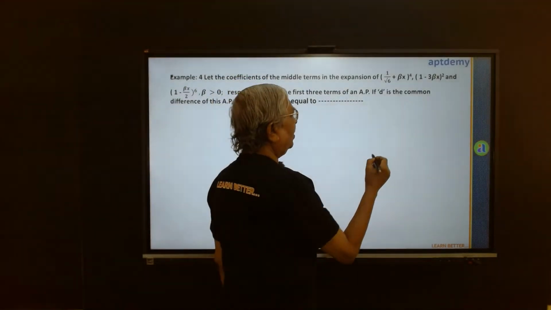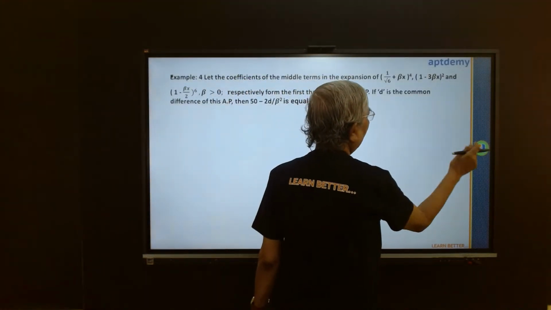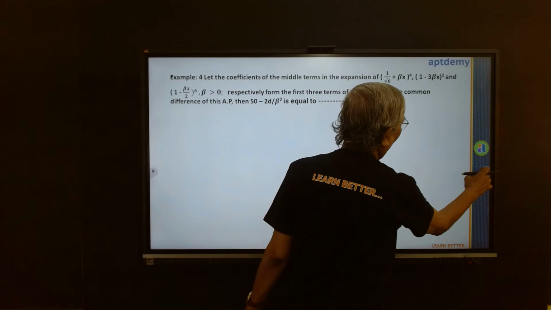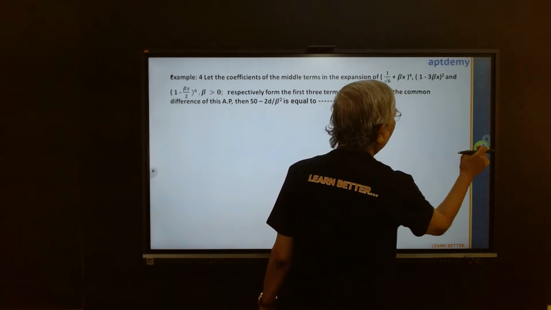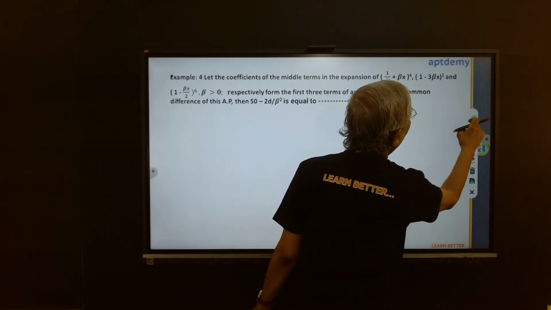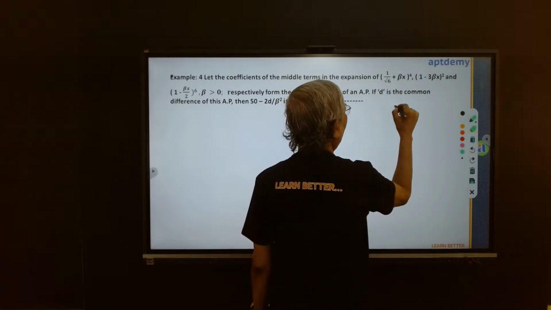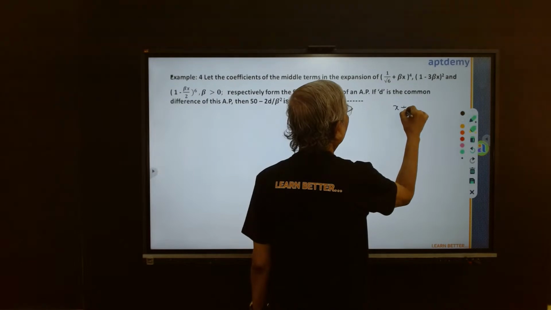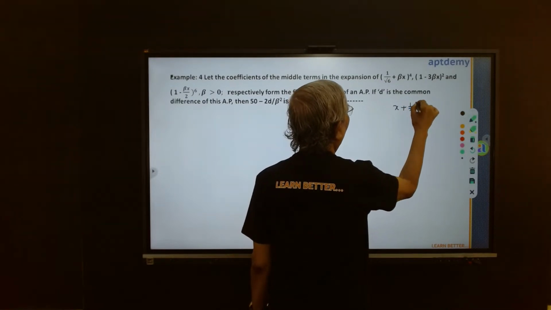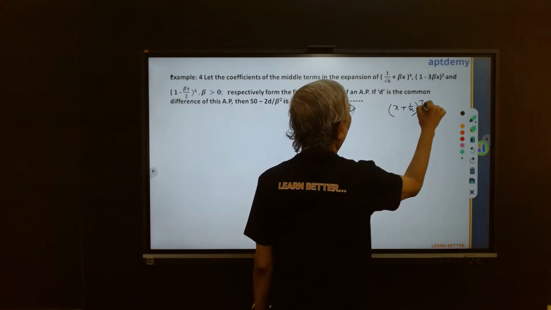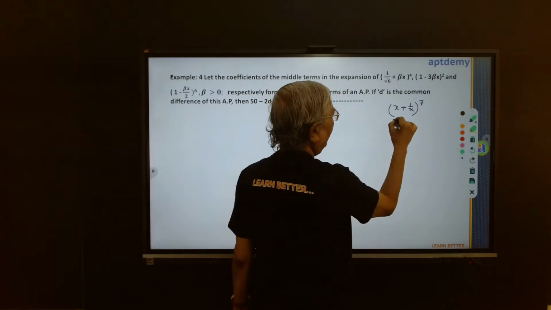So first we remember this. If we have an expansion (a plus x) whole to the power n, suppose we have an expression (x plus 1 upon x) whole to the power 7. What is the number of terms?